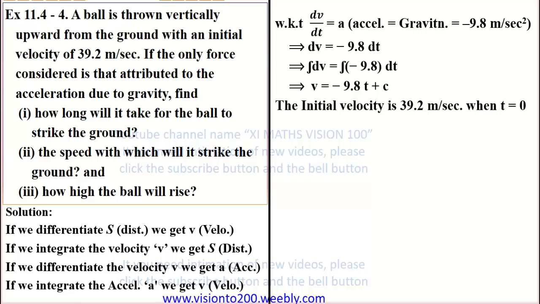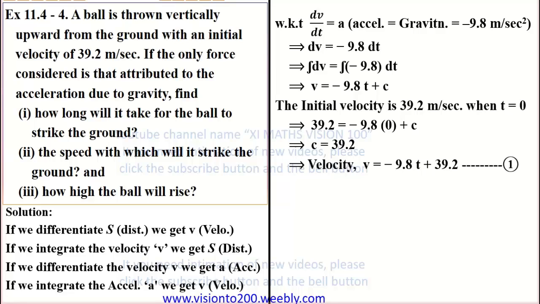At the start, time is 0 seconds, velocity is 39.2. So substitute v is equal to 39.2 and t is equal to 0. We get 39.2 is equal to minus 9.8 into 0 plus c. So c is equal to 39.2. Therefore, the velocity is equal to minus 9.8 t plus 39.2.